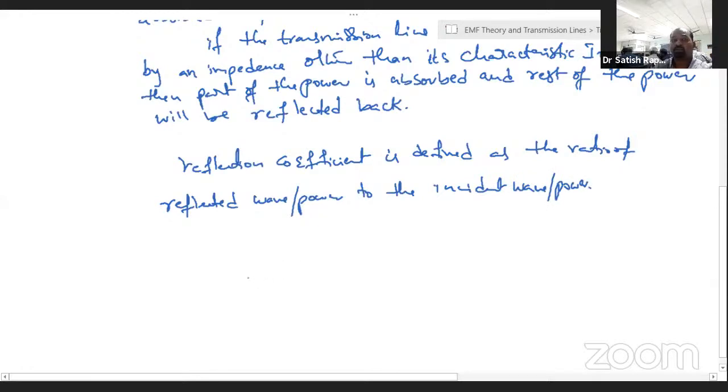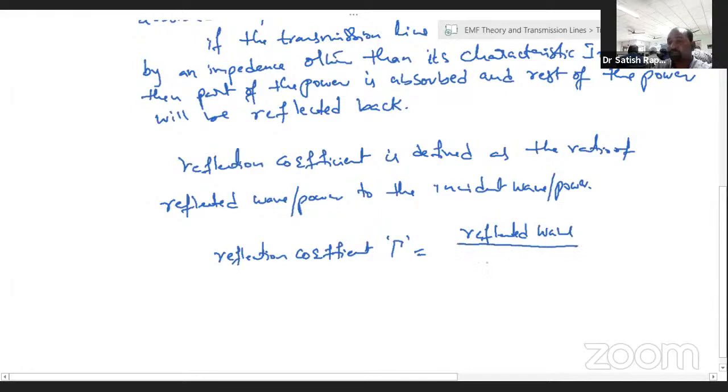Reflection coefficient, which is represented by the symbol capital gamma, is equal to the ratio between reflected wave or reflected voltage to the incident voltage, if we consider it in terms of voltage.